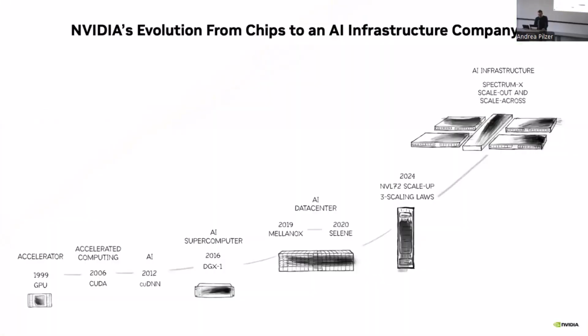Introduction, where are we? I put this slide just to show a little bit where we are at the moment. If you think about NVIDIA, a key moment is for sure 2005-06, when Ian Buck came out with CUDA. That made the GPU a programmable chip, so now we can use it to do many different things. And it turns out it works pretty well for GEMM, so matrix multiplication.